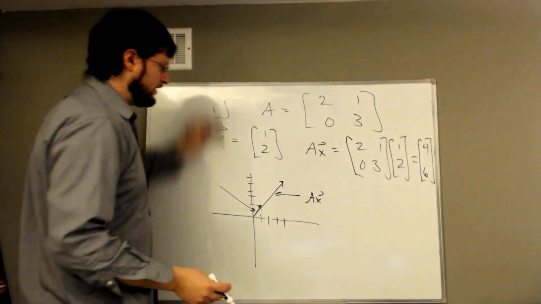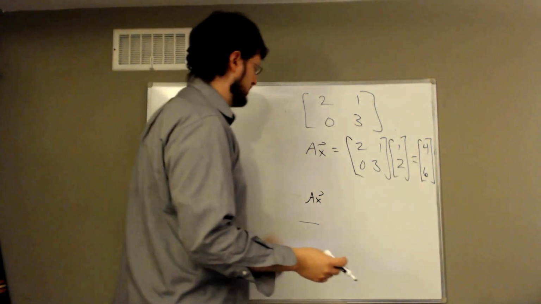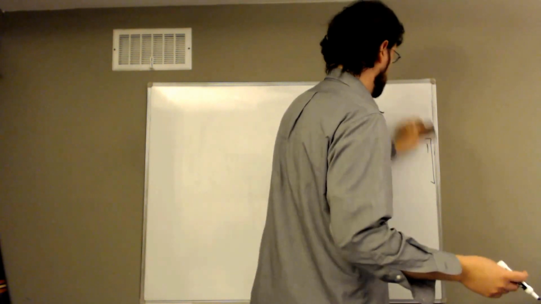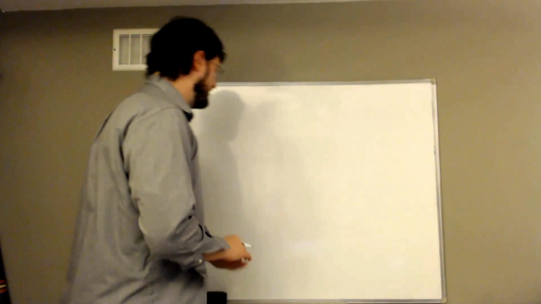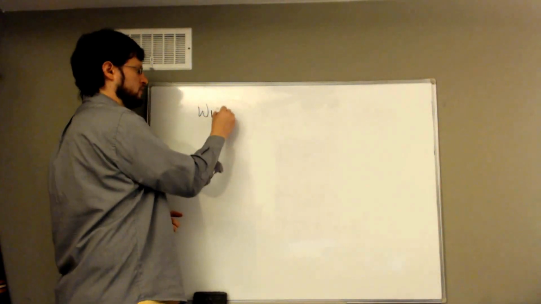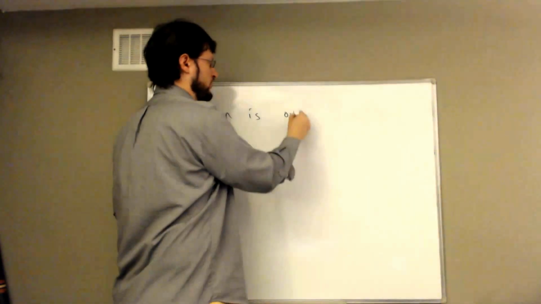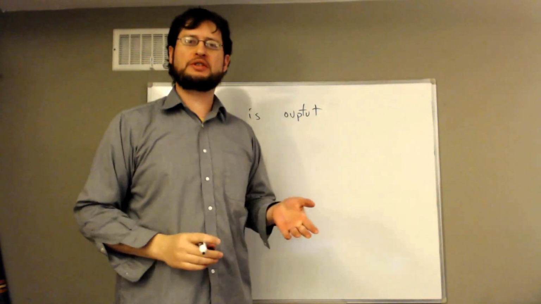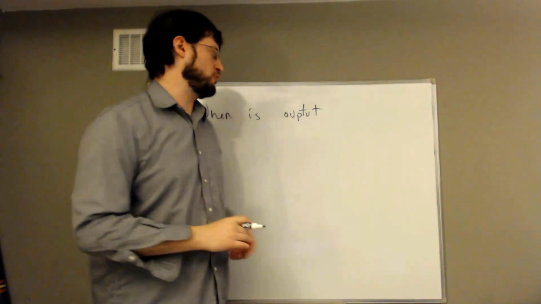When we talk about eigenvalues and eigenvectors, we're worried about one very specific thing. We want to know when is the output almost the same as the input. And by almost, I mean in the same direction.